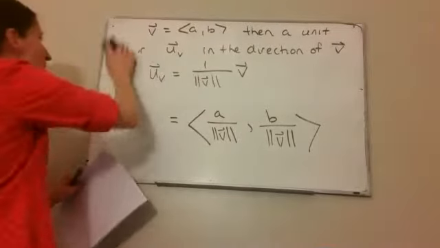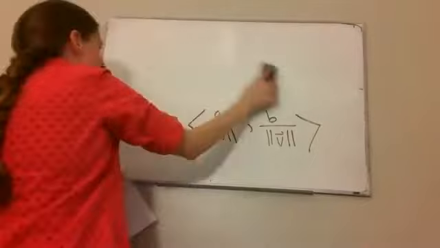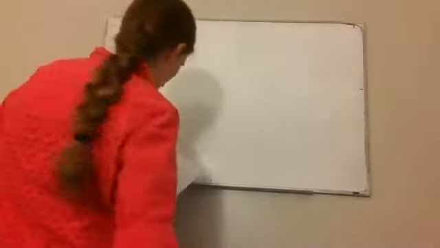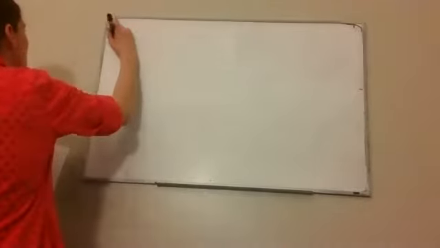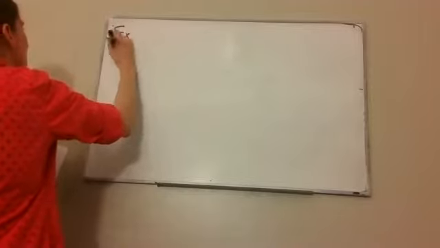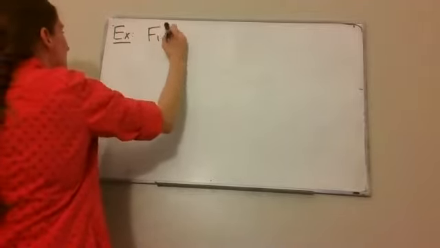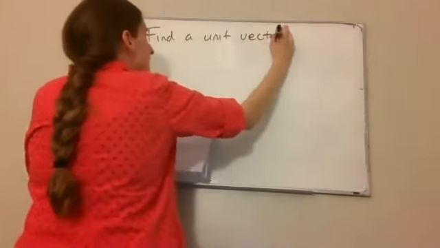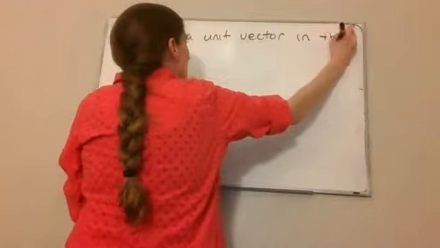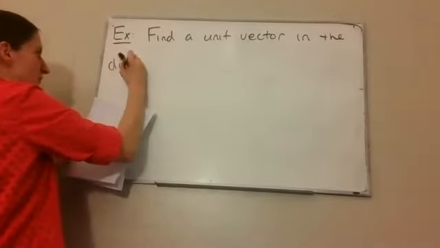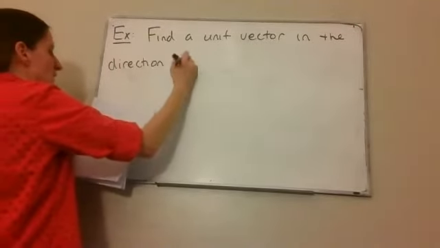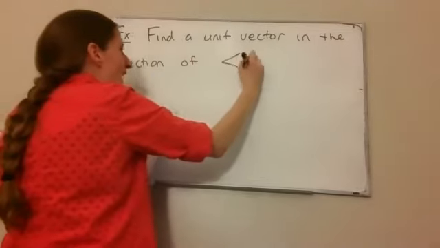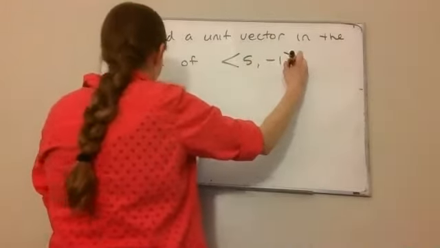So let's do an example where we find a unit vector. Find a unit vector in the direction of 5, -1.